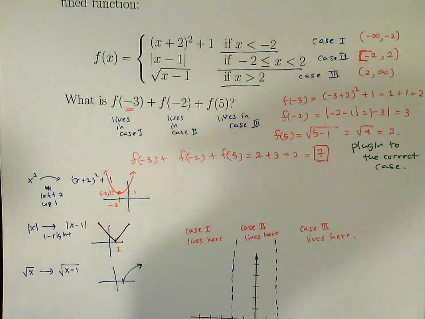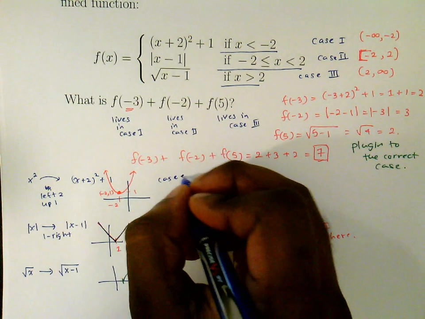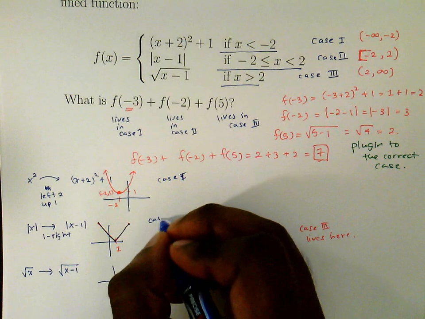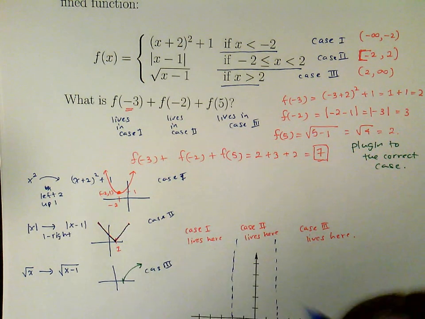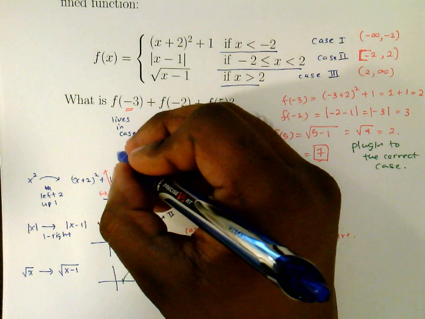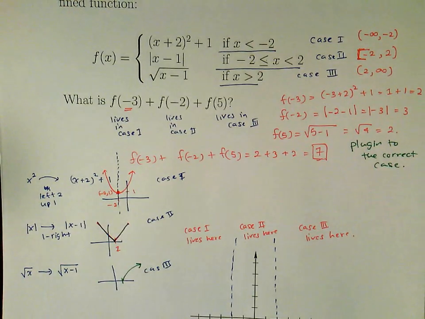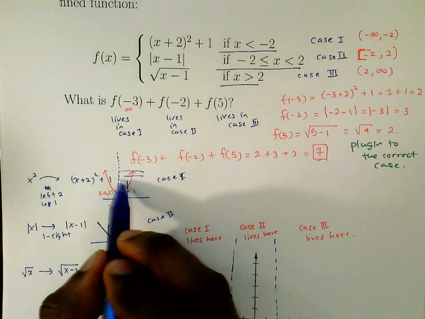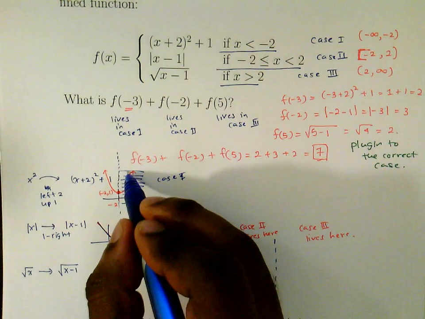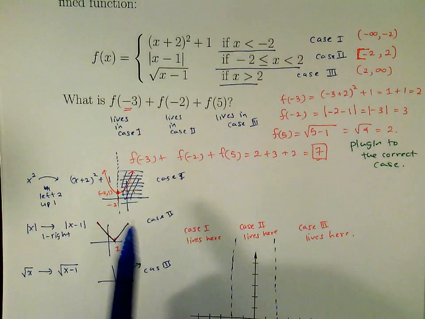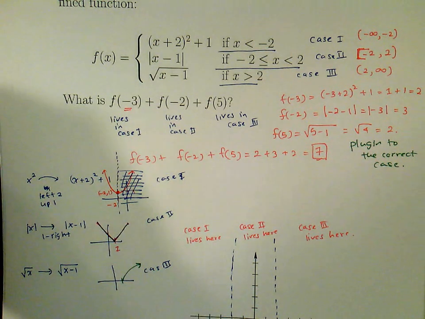Okay, now let's see how my wall affects those types. So here, this is case 1, this is case 2, and this is case 3. Case 1 only lives in this part, so nothing here matters. You can see there's a part of a parabola coming and hitting the wall.